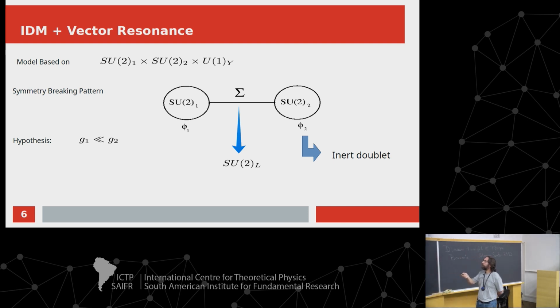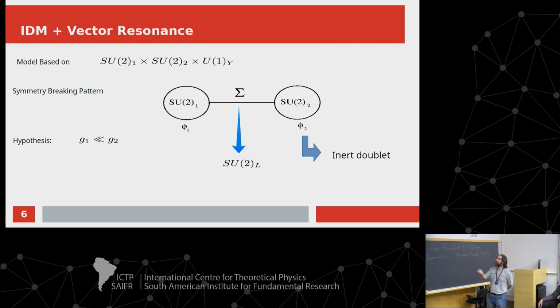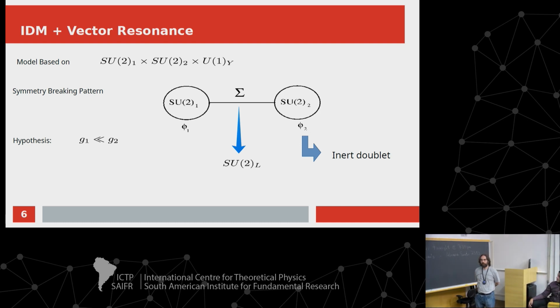We introduce an additional hypothesis. We assume that the new sector, the dark sector, is strongly coupled. I mean, the typical coupling constant of the new SU2 is much bigger than the coupling constant of SU2_1.